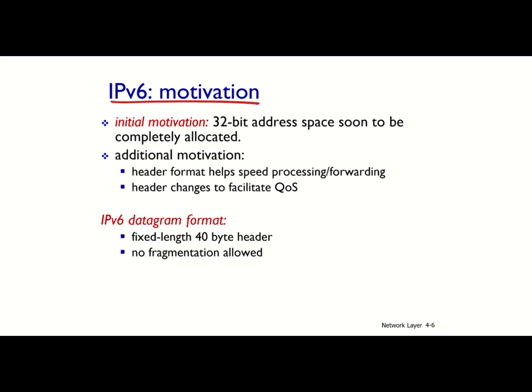Because with 32 bits, we can only have 2 to power 32, which is equal to around 4 billion unique IP addresses, and this is not enough for many of the hosts and end systems that are going to be connected to the internet.